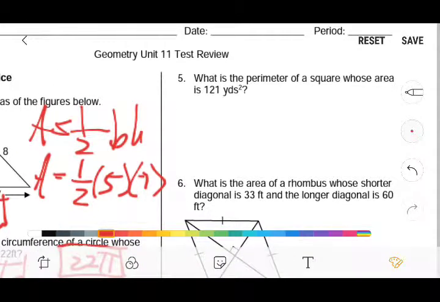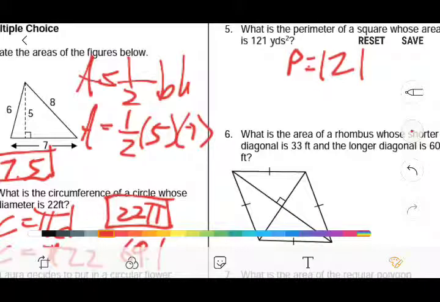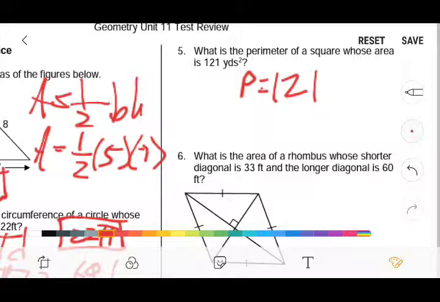Perimeter of a square whose area is 121 yards. So if I'm going to change colors here. This square, all the sides are the same length. So 121 divided by 4.